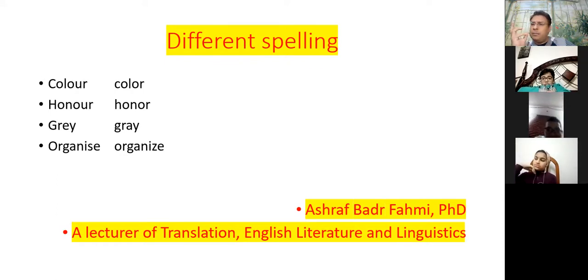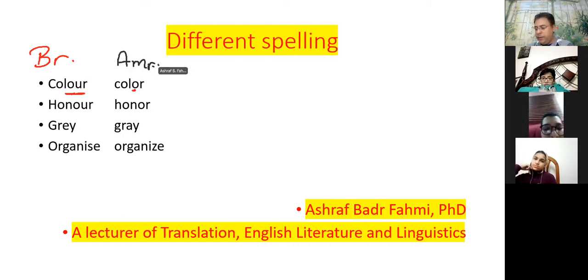Okay, like color. Do you see color here? Color, O-U in British. So we have C-O-L-O-U-R, so we have here O-U-R, and here we have just O in American. Sure, here I talk about British, and here I talk about American.